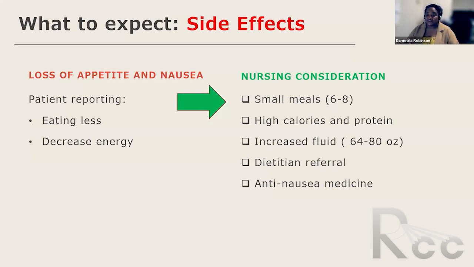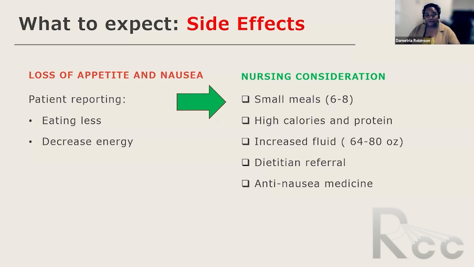If they're complaining of nausea, make sure they take their nausea medication. If you're treating the abdomen area, because we're treating somewhere in the spine and the abdomen is in that way, they may want to take that nausea medication 30 minutes or an hour before they receive treatment to maybe help some of those side effects that may occur during this treatment course.